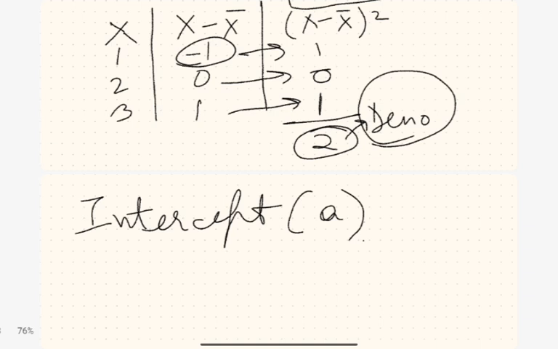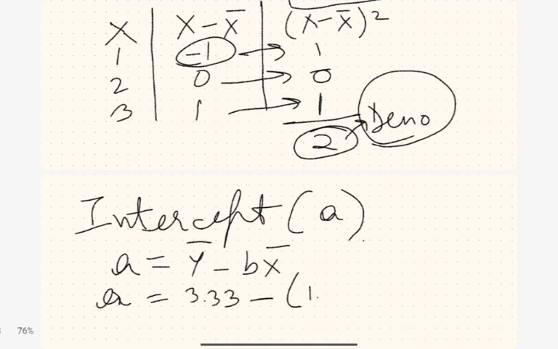For finding out the intercept, the formula is y bar minus b into x bar. Here you enter the value of y bar, which we found out, which is 3.33, minus the slope b, which we found out just now, into the value of x bar.